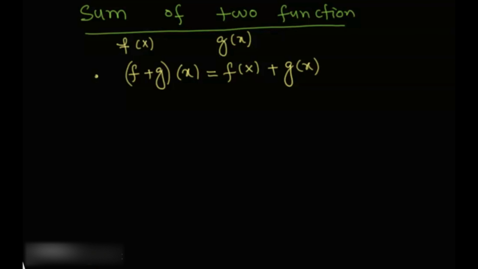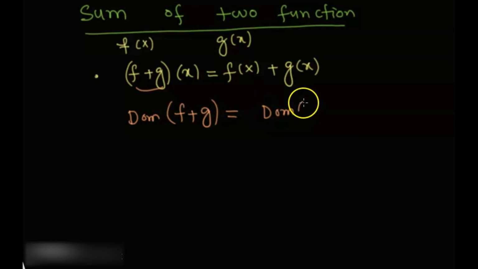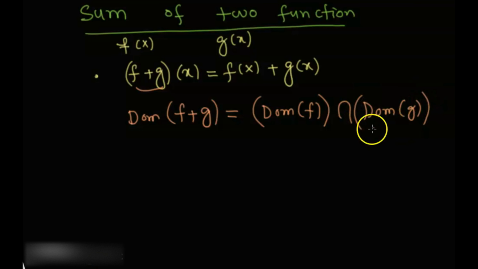And don't forget that the domain of this new function, domain of f plus g, is the set which is the intersection of the domain of f with the domain of g. So this will be the domain of the sum.